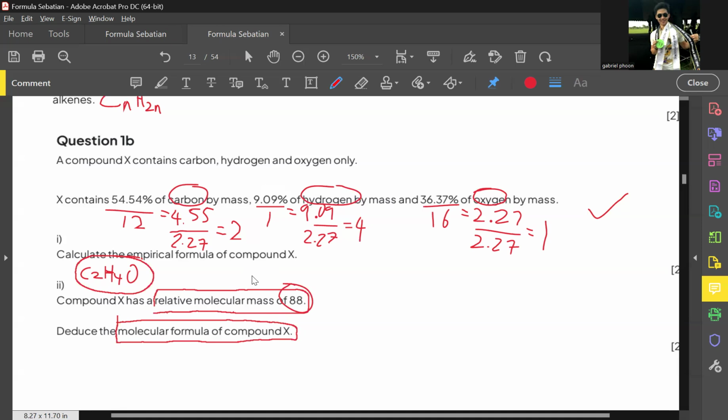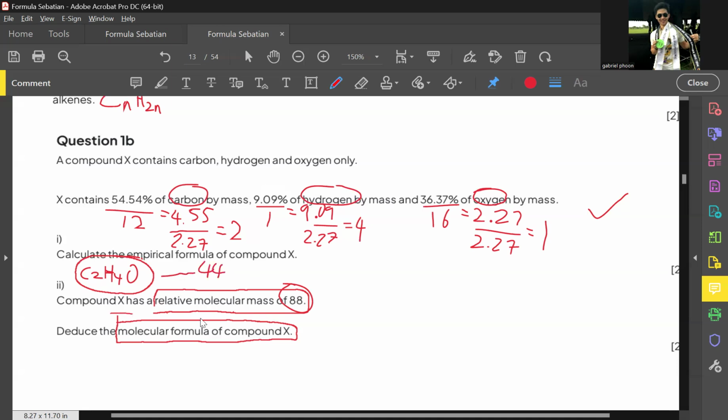Okay, I'll give you guys a hint. You're supposed to find the relative molecular mass of the empirical formula first. Everyone find me the relative molecular mass of the empirical formula first and think about how you use that to find the molecular formula of compound X. Yeah, this thing is 44.